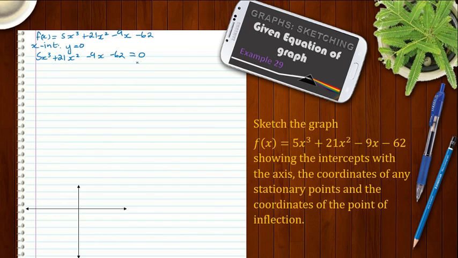And then if I am going to factorize that, I find that its factors look as follows, where we have (x plus 2), and here we have (5x squared plus 11x minus 31). So this second factor can't factorize.